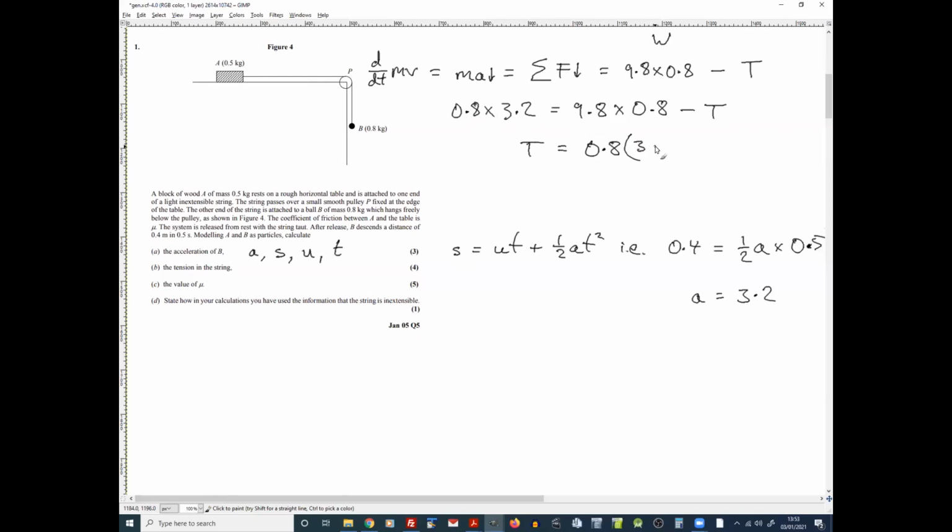Is that right? If I bring the t over to the left and then subtract 3.2 of the 0.8 on the right, that is what we've got, isn't it?